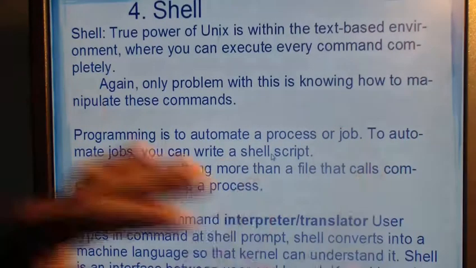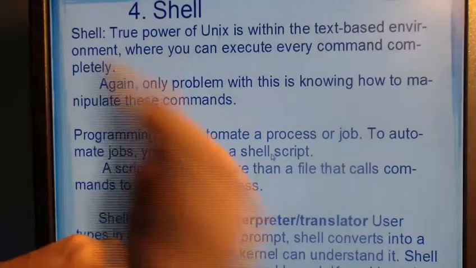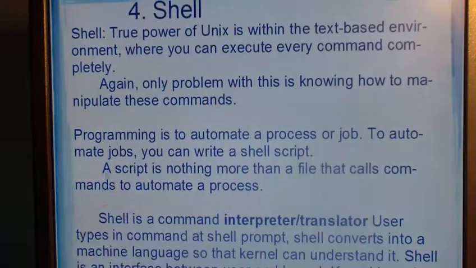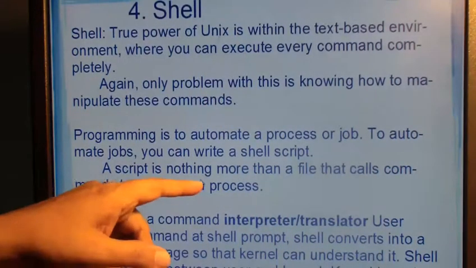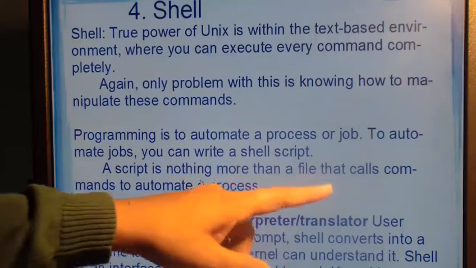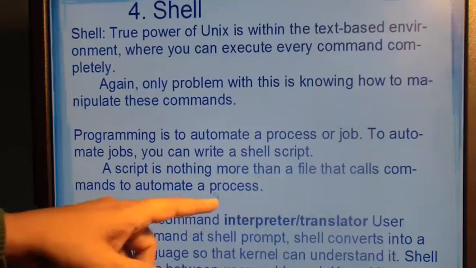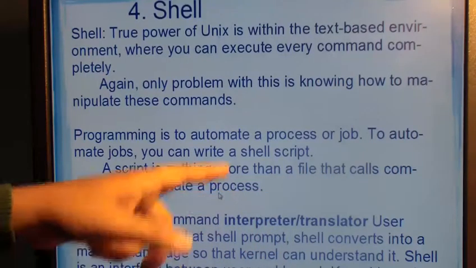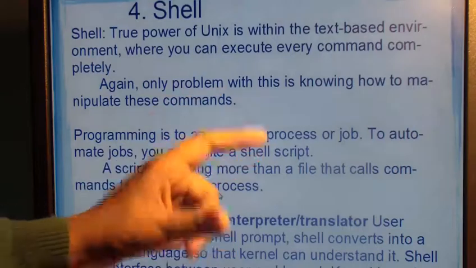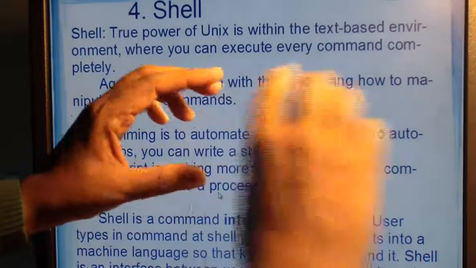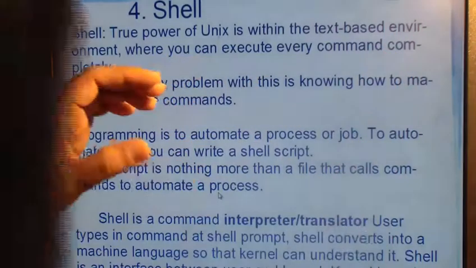So the script is nothing more than a file that calls commands to automate a process. One script is like a small file, and you can put all your commands in there and execute that in one shot.